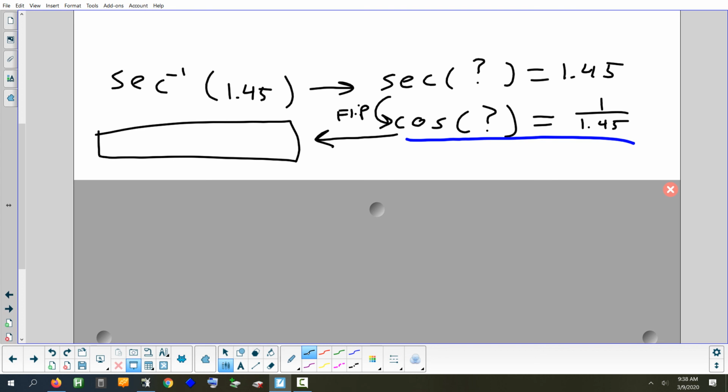Inverse cosine. 1/1.45. Yes. It's the inverse cosine of 1 over 1.45.